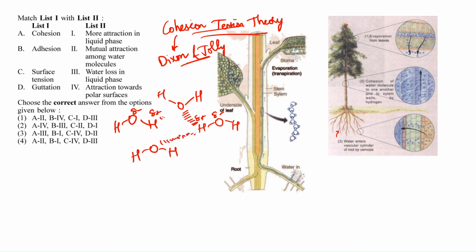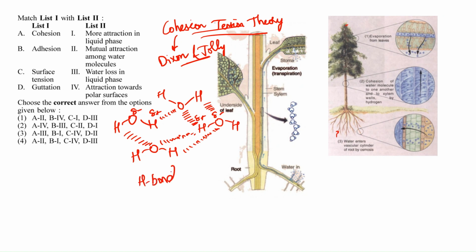These hydrogen bonds are very weak bonds, but when there are many such hydrogen bonds, it is quite strong. As a result, this hydrogen bonding allows the water to move in the form of a continuous column.